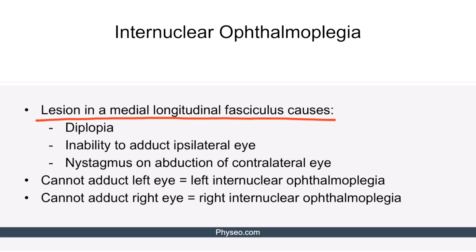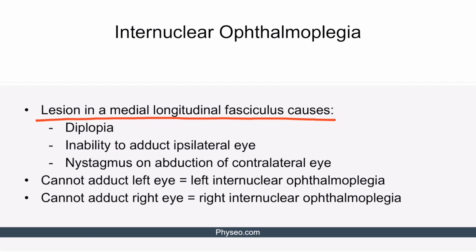Unfortunately, regarding INO, diplopia is not the only symptom commonly tested on exams. You should know that a lesion in a medial longitudinal fasciculus would specifically lead to inability to adduct the ipsilateral eye and nystagmus on abduction of the contralateral eye. Now, the test writers often confuse students by listing the left medial longitudinal fasciculus as well as the right one as possible answer choices.